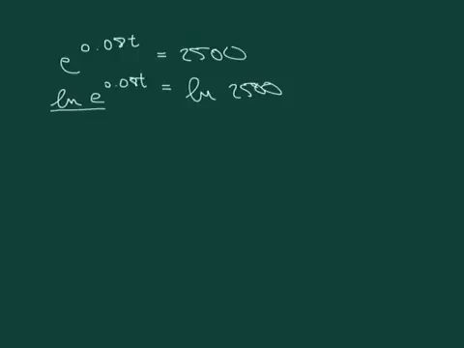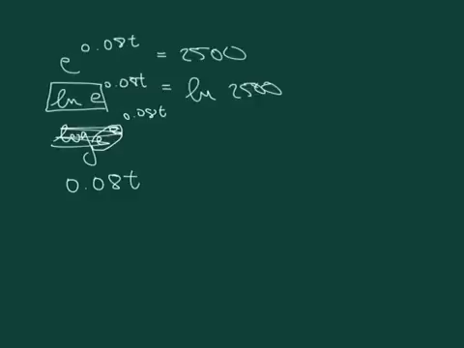One of the things that I know about ln of e to the 0.08t is that it's the same as log base e of e to the 0.08t. And when we have those two the same, they go away, and we have 0.08t left. That was from, I think, the last section. And then that equals ln 2500.